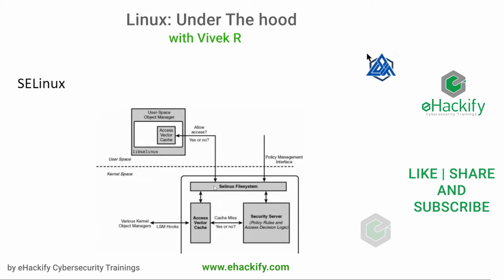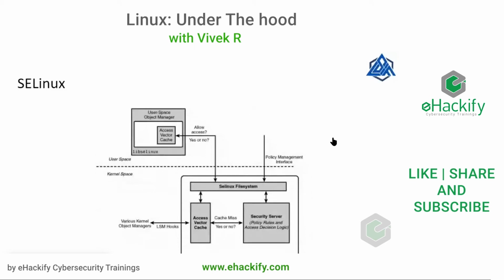If it is not cached, then the AVC does not have the decision, so it sends the request to the security server itself. The security server checks the preloaded binary policies. There is a preloaded set of binary policies in the security server, and these are matched against the subject and object.